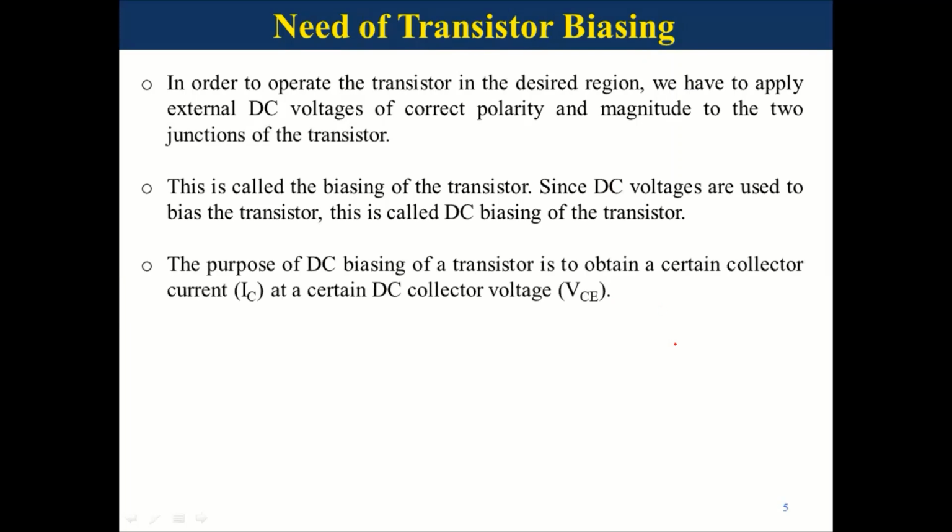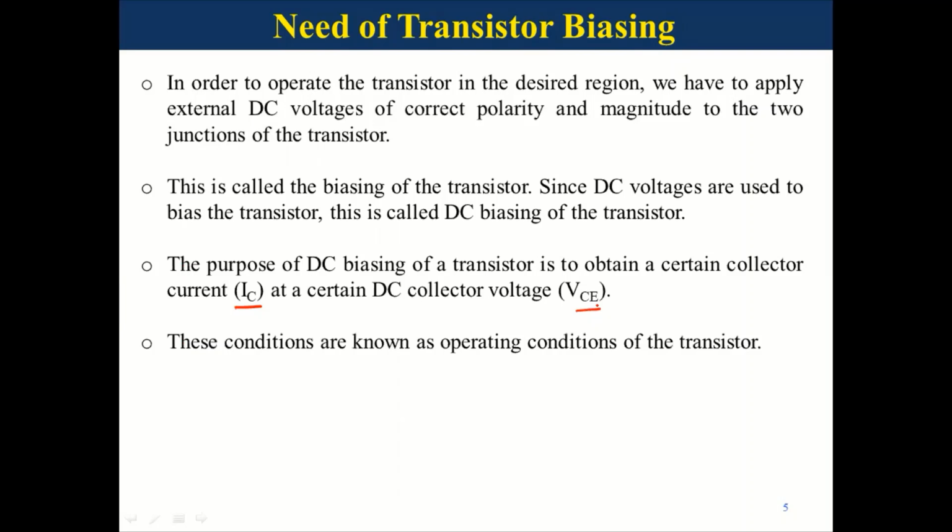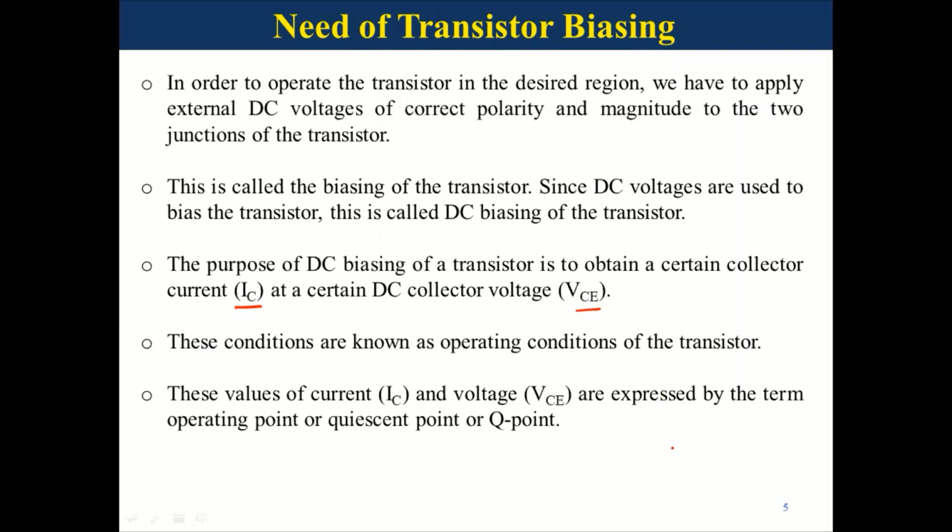The purpose of this DC biasing of a transistor is to obtain a certain collector current IC at certain DC collector voltage VCE. These conditions are known as the operating conditions of the transistor. These values of IC and VCE are expressed by a term called operating point, quiescent point or Q point.